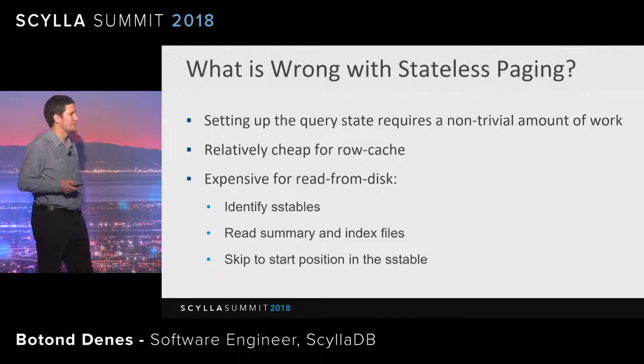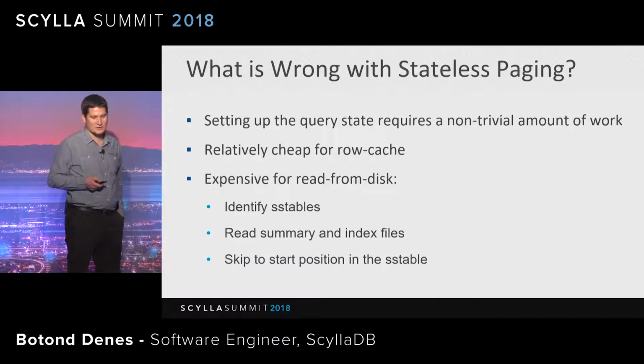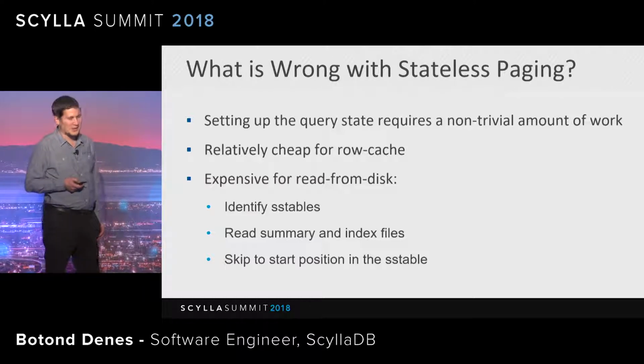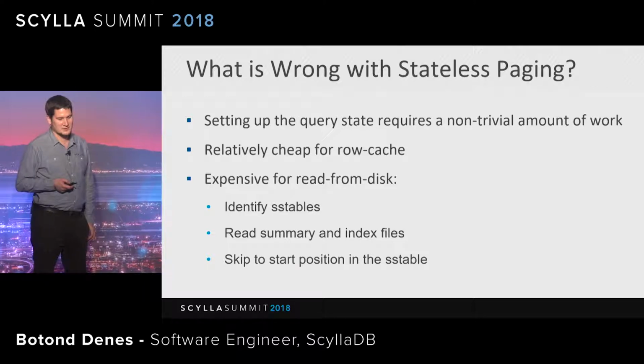So as I said, the query state was set up anew on each page. This involves a lot of non-trivial work. This is relatively cheap for a row cache, but it's especially bad for reads that have to go to the disk.